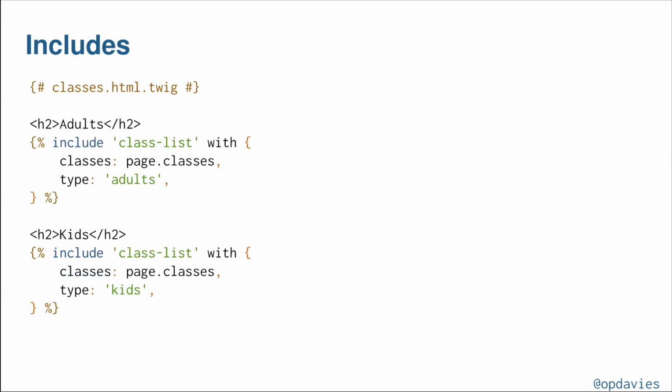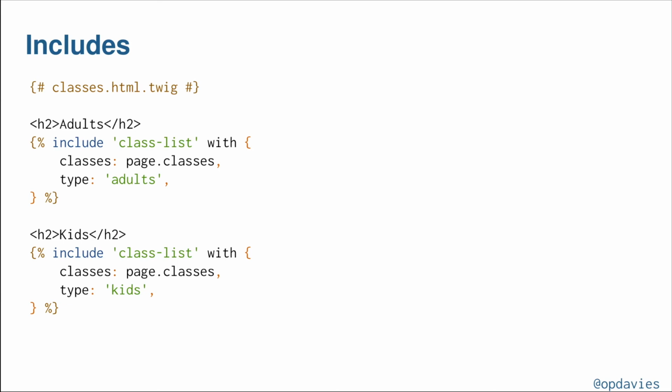Another opportunity is to use includes. So here's a screenshot from the Jiu-Jitsu school site that I was building at the time. And just one of two sets of classes. There's a timetable page. So yeah, all the adult classes at the top, all the kids classes at the bottom.